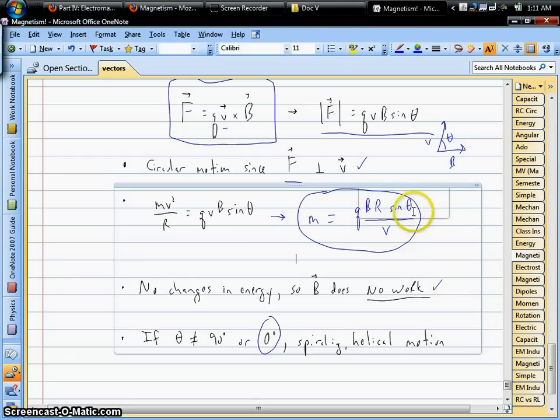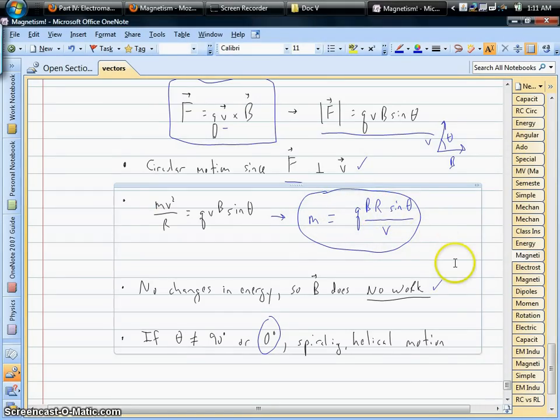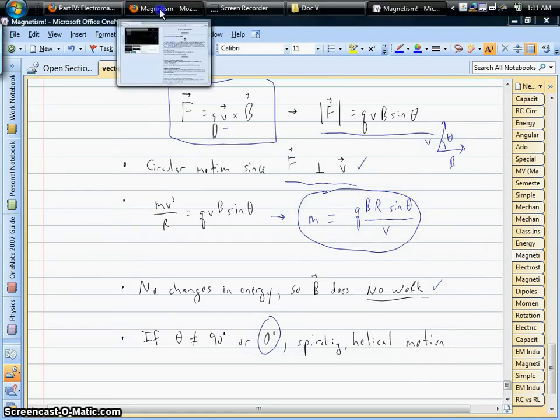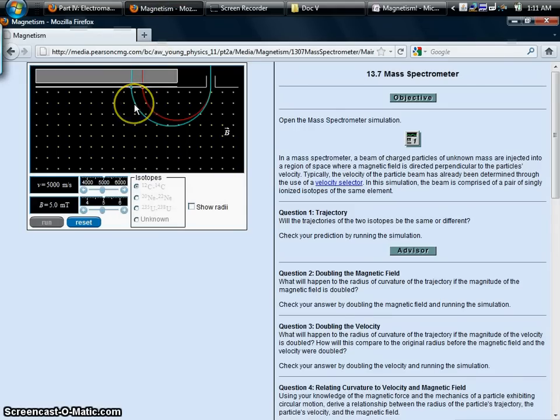They enter at the same theta, same angle, 90 degrees. So the bigger radius is indicative of the bigger mass. In our picture, the blue is the bigger radius, so that would be the carbon-14, and the red would be the carbon-12. But this will happen for all sorts of different things.